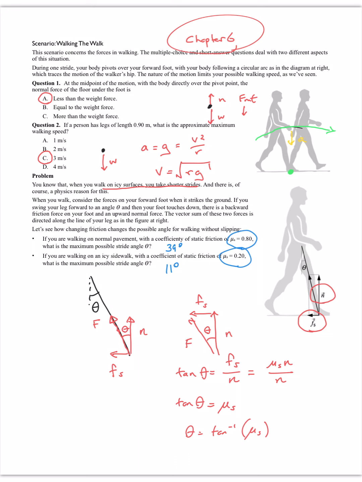You aren't swinging your leg out very far at all. The reason is that if you swing it out too far, the friction force gets bigger, and there's a maximum value that the friction force can have. So you walk with shorter strides on icy pavements, and the reason is, of course, a physics reason.